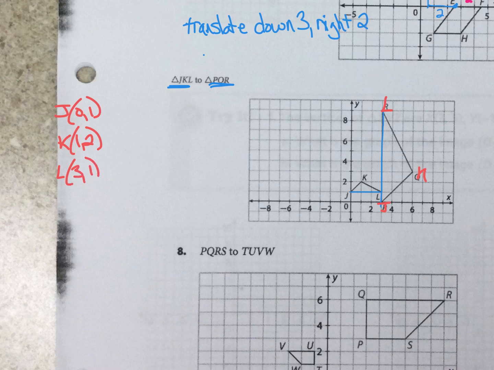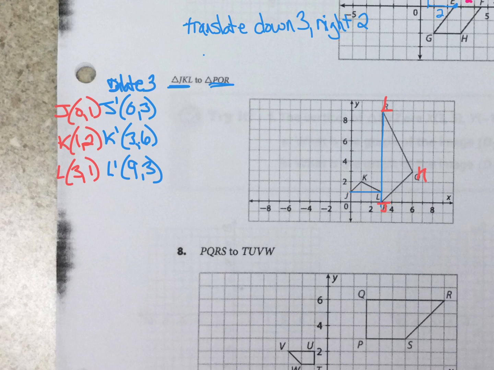Okay, so now if I do the dilation by 3, J prime becomes 0, 3. I'm just multiplying those by 3. K prime becomes 3, 6. And L prime becomes 9, 3. So let's go ahead and plot those and just see what it looks like. So J prime is 0, 3.